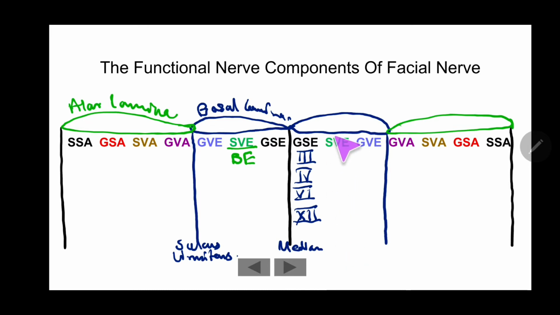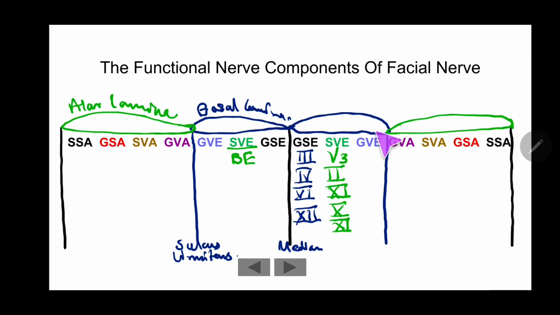And this functional column will include nuclei. This I have already told you. For the first arch, it's the mandibular nerve, right? Then you have the facial nerve. Then you have the glossopharyngeal nerve for the third arch, and then you have the 10th and 11th nerves together for the 4th and 6th arches, right?